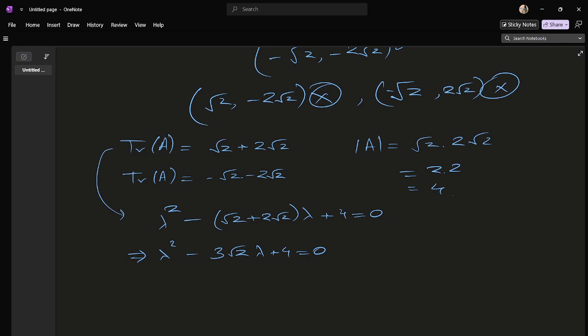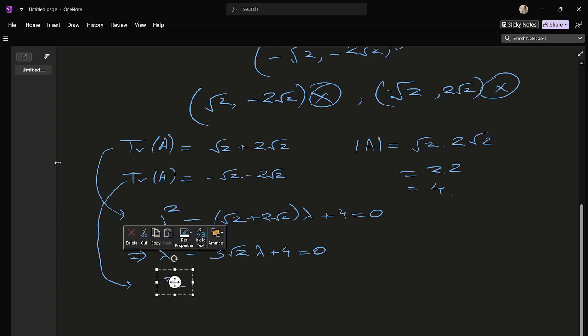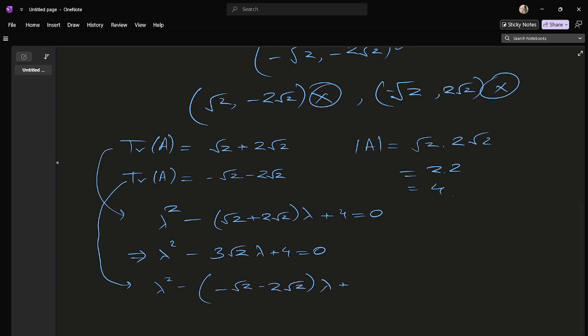And again, for the other case, we will get the equation as lambda square minus (minus root 2 minus 2 root 2) lambda plus 4.